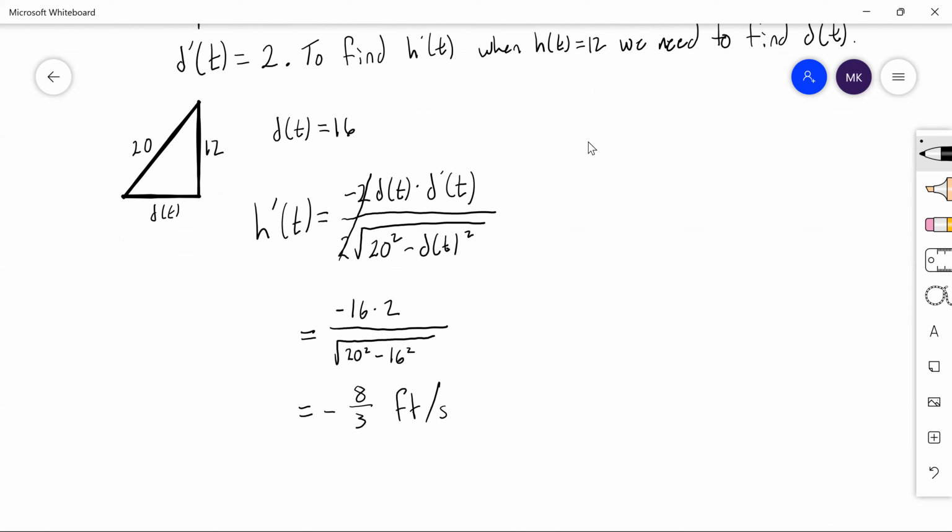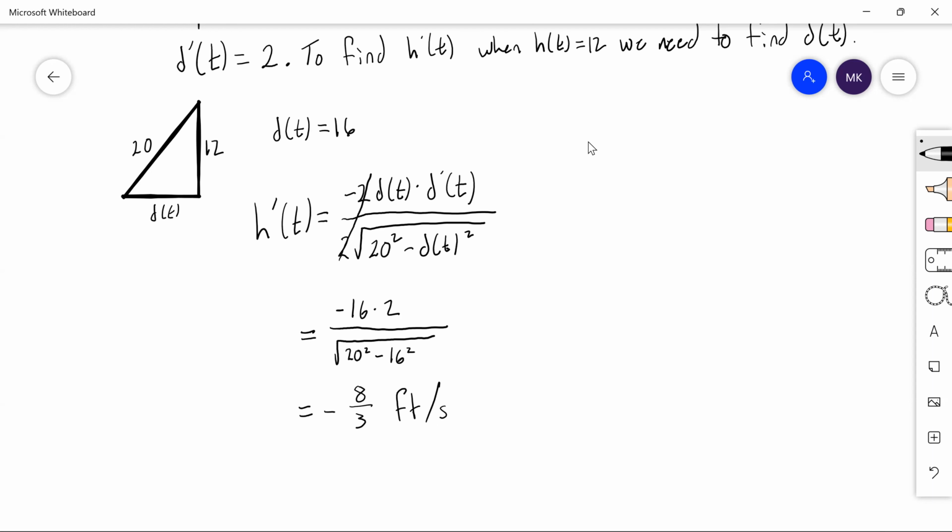Now, a quick check, right? And this is something that is really easy to make a mistake on. Like you saw, I dropped that negative, right? This ladder is falling. So the rate of change of the height of the ladder up this wall, would that be increasing or decreasing? Decreasing. And so this derivative should be negative. So that's always a good thing to do, right?